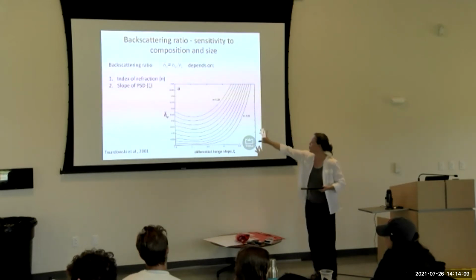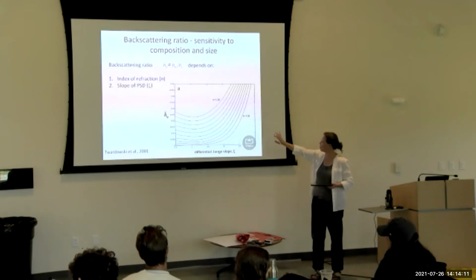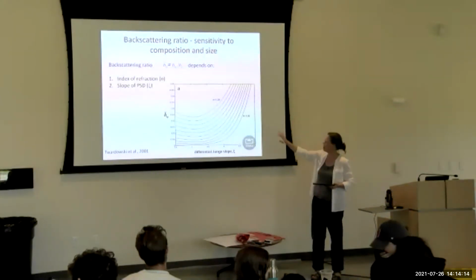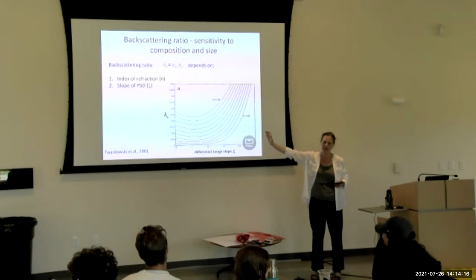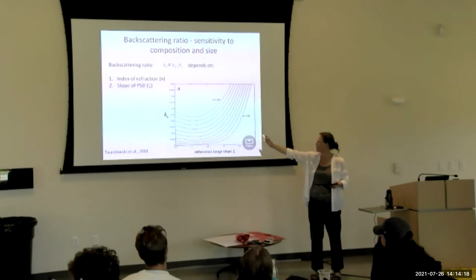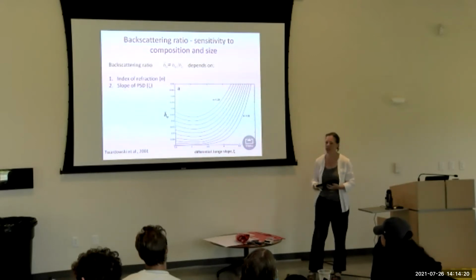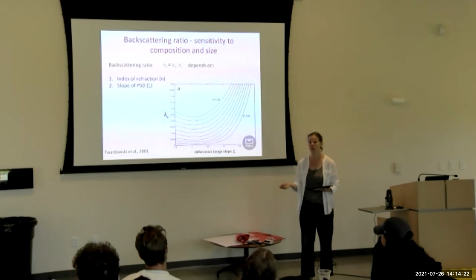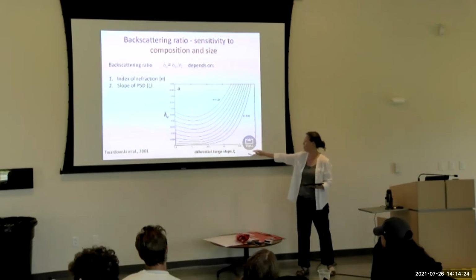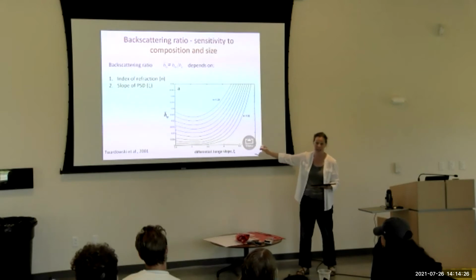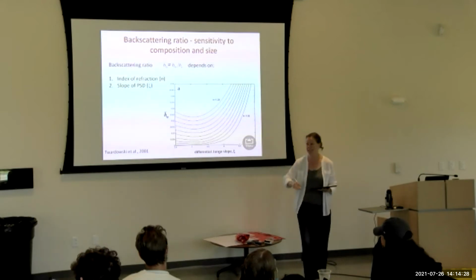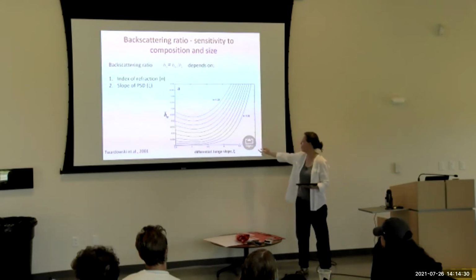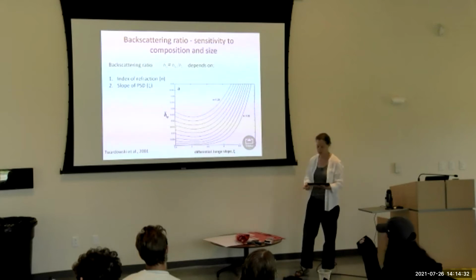And you can contour the refractive indices that generate constant backscatter ratios as a function of the particle size distribution slope. So this is the differential Junge slope again. So we're thinking about this power law size distribution, and this is the exponent on that along the x-axis there.